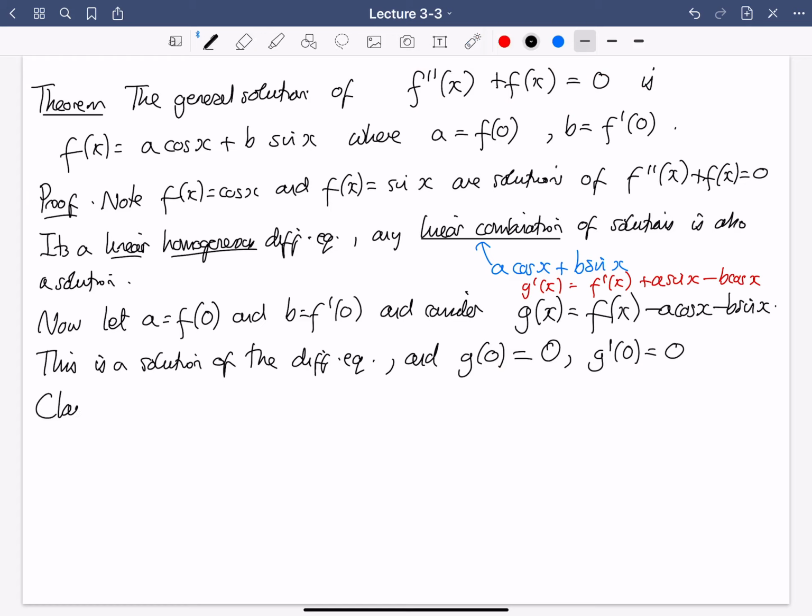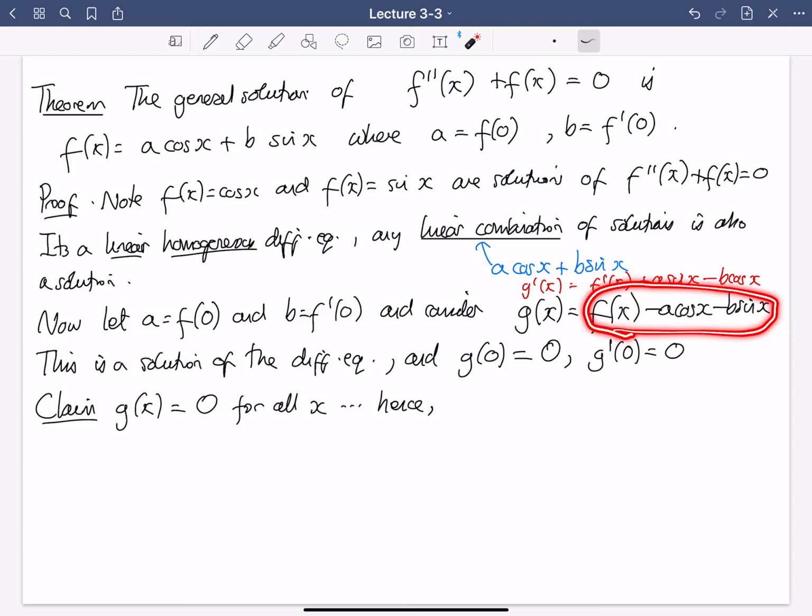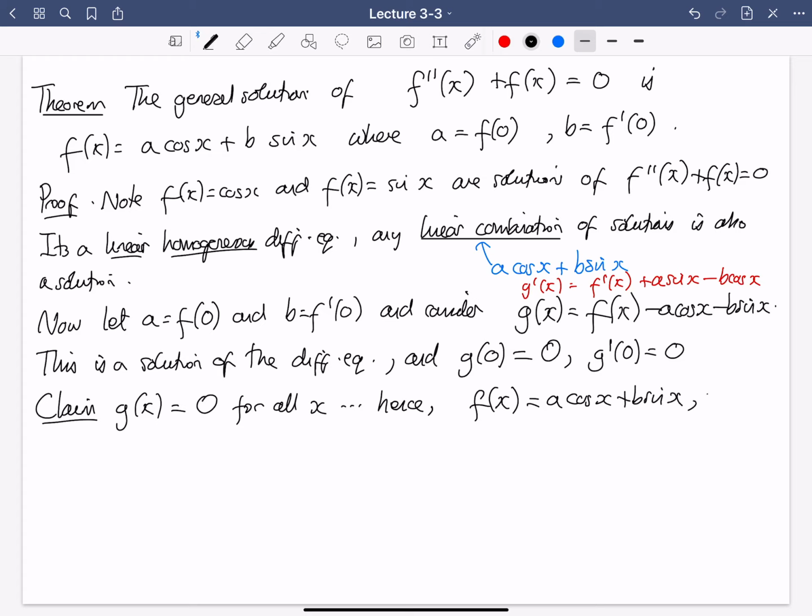What I'm going to try to do is show that g of x equals 0 for all x. And once I've done that, if I can show that this g of x, that's this stuff here, is identically 0, I get that f of x minus a cos x minus b sin x is 0, so f of x is a cos x plus b sin x, which is what I'm trying to show, as required.